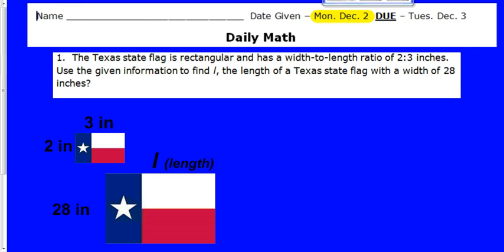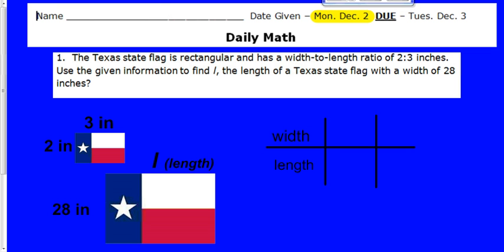So here I go, setting up a proportion table. Let's see what we have here. So I know I'm comparing width to length.